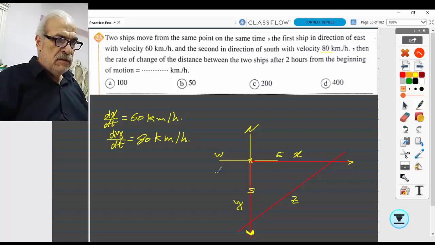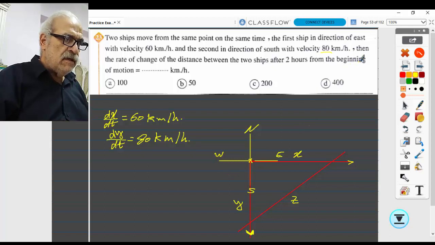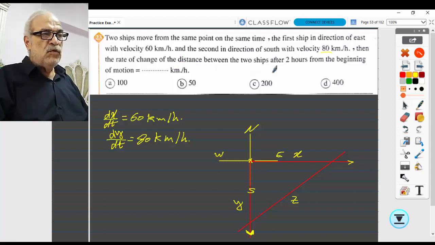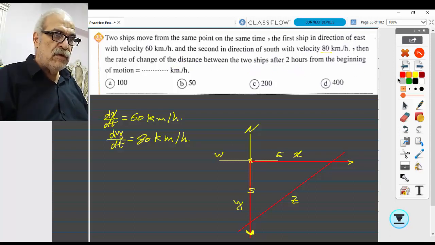What's the relation between x, y, and z? Here it is required to find the rate of change of the distance between the two ships after 2 hours.